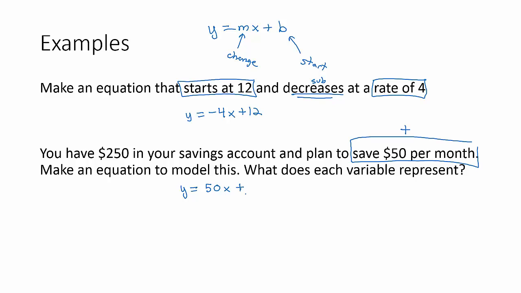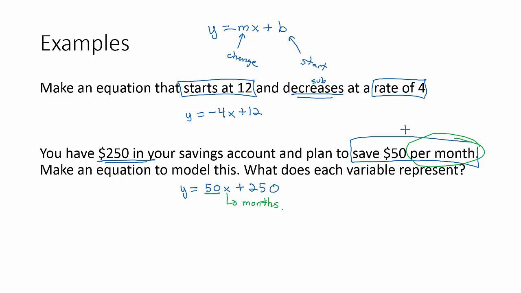Plus, how much did we start with? You started with $250 in your savings account. So y equals 50x plus 250 shows you how much money is in your account. So what does each variable represent? We said that we get $50 more per month, so x is the number of months that have gone by.